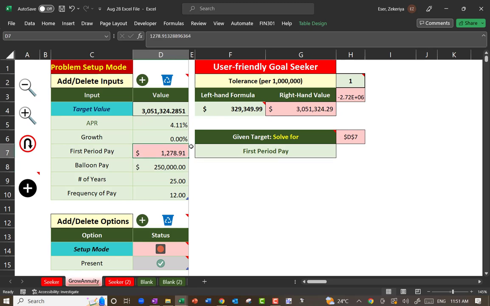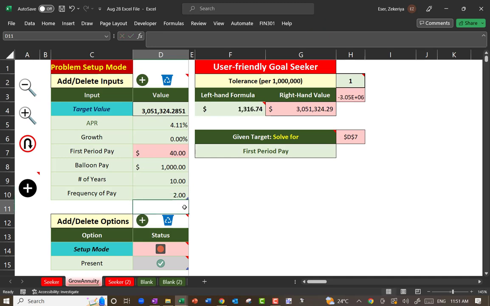My first period pay is gonna be $40. Of course, I'm gonna make that variable using the coupon rate, but number of years 10 and a balloon payment of 1,000.